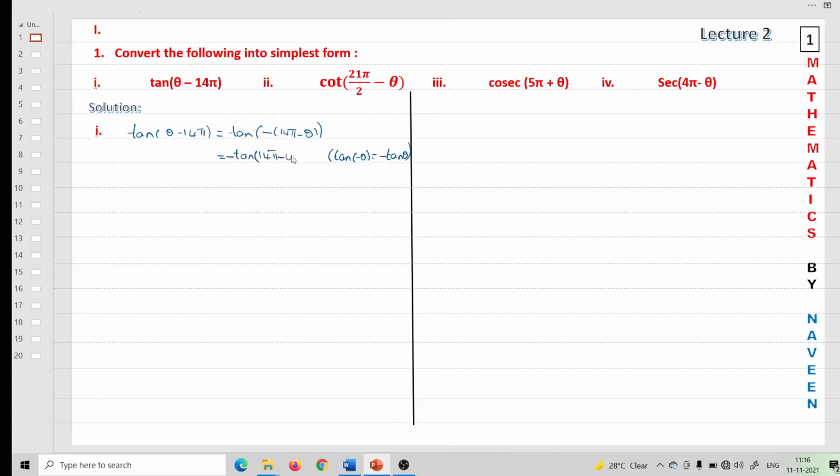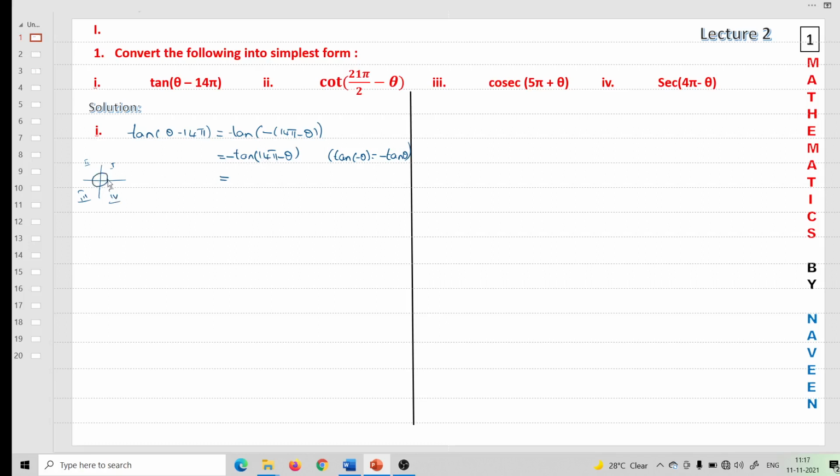14 pi minus theta. Now 14 pi minus theta, which quadrant? First quadrant, this one second, third and fourth quadrants, right? 14 pi, which means 2 pi means complete rotation, 360 degrees.